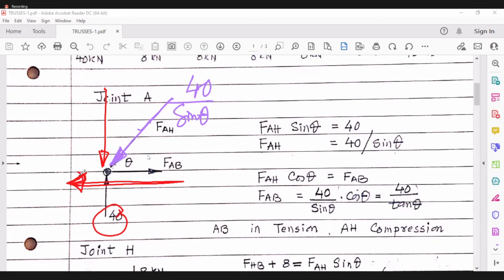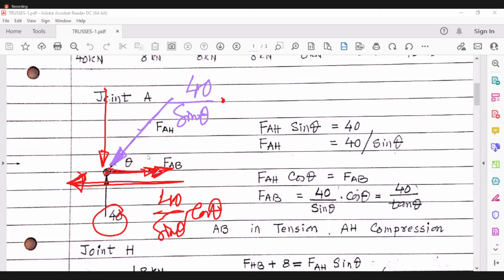If the x component is like this, which is 40 by sine theta into cos theta, which is 40 by tan theta, that should be equal to FAB, and FAB must be in this direction. Then and only then will the sum of the y components become 0.